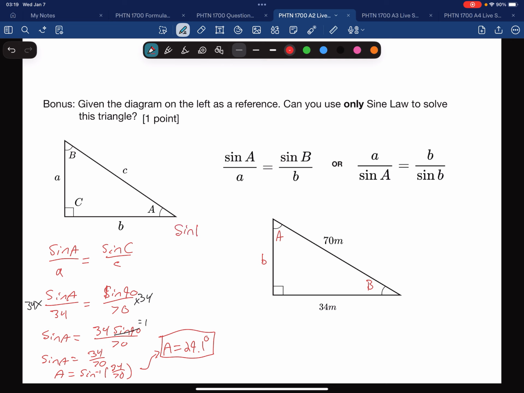So I have sine B over B is equal to sine C over C. I'm just using C because we know both the angle and the side length exactly. They're not rounded, so I like to use those numbers whenever I can. And plugging in, we get sine B over B equals sine 90 over 70, not 34.